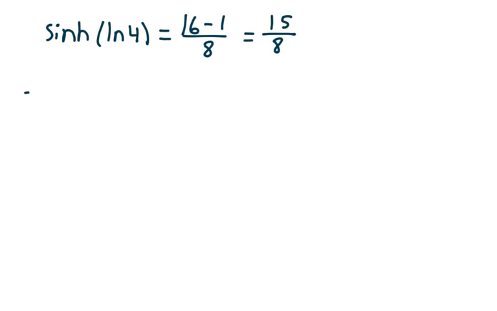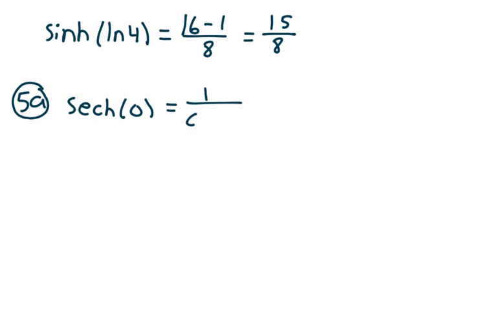Let's take a look at 5a. Suppose hyperbolic secant of 0. We want to figure out what that is. But that's 1 over hyperbolic cosine of 0.